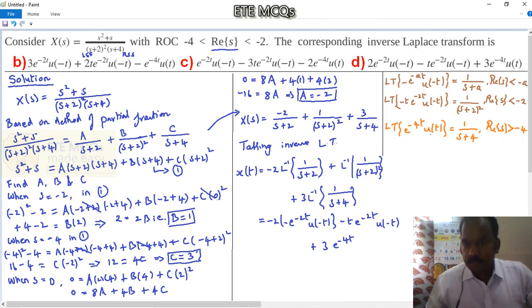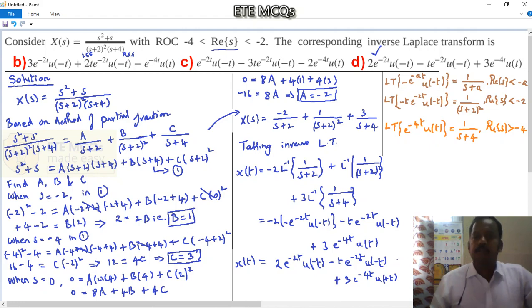Inverse of 1 by s plus 4 is e power minus 4t u of t, so 3 times e power minus 4t into u of t. We get x of t is equal to 2 times e power minus 2t into u of minus t, minus t e power minus 2t into u of minus t, plus 3 times e power minus 4t u of t, because it is a right-sided sequence.